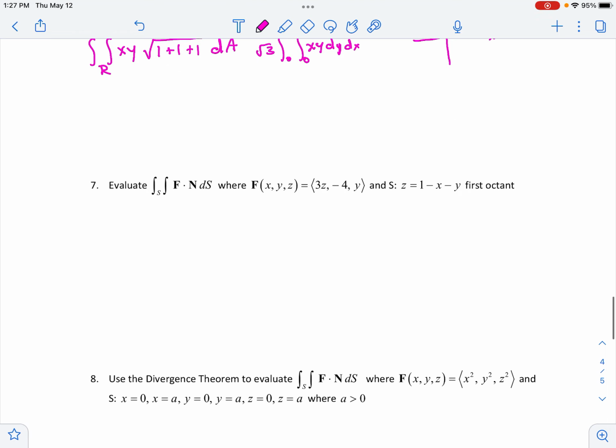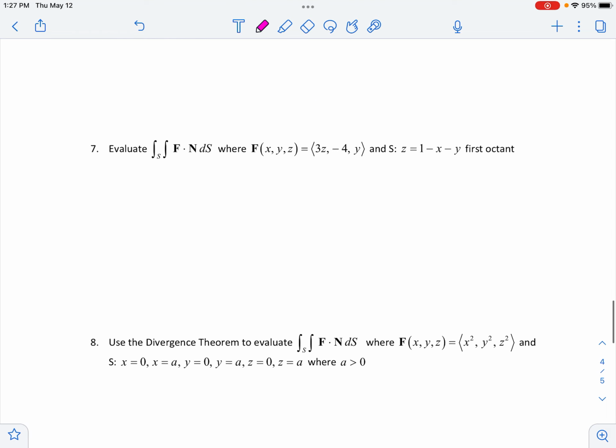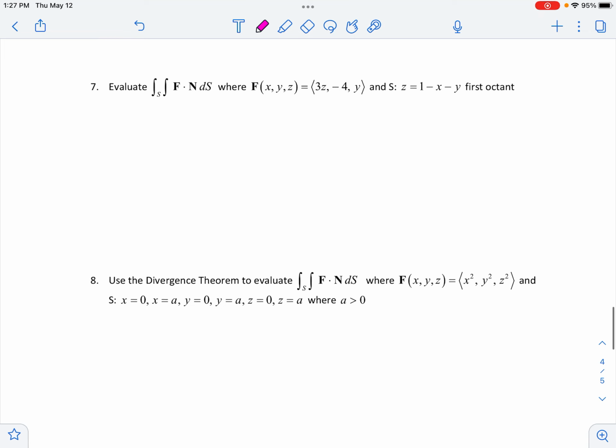Okay, now let's look at number 7. So this was a surface integral with a scalar function. Now we have a surface integral with a vector field. So let's see how we're going to do. Now with these ones, what I do is I get a level surface.